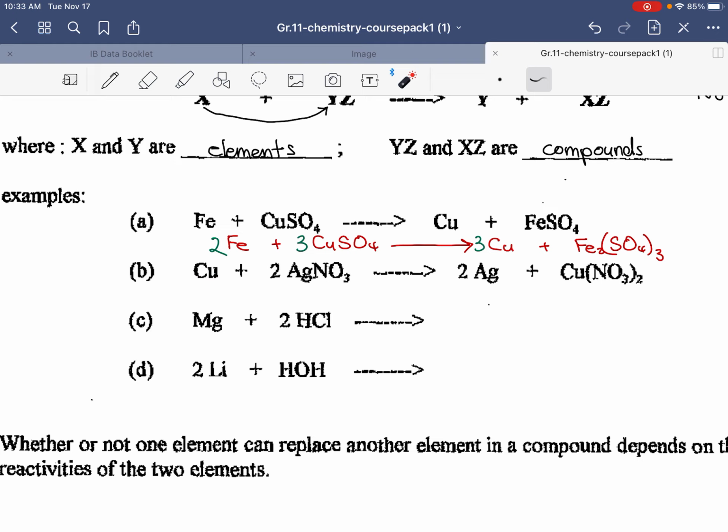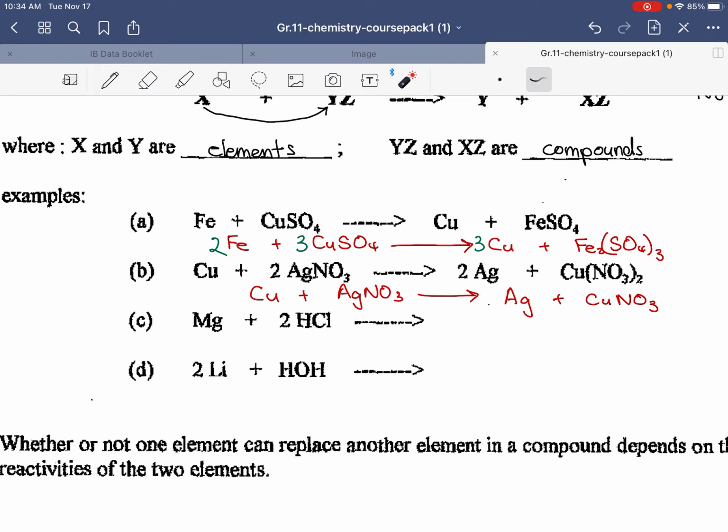Does it always have to be copper 2? I mean, there's also copper 1 that exists in this world, right? Well, copper 1 can also play. Giving you, of course, Ag again, plus, in this case, copper 1 nitrate. Again, something to keep in mind, because this copper right here can act as copper 1 or copper 2. It's pretty much random.